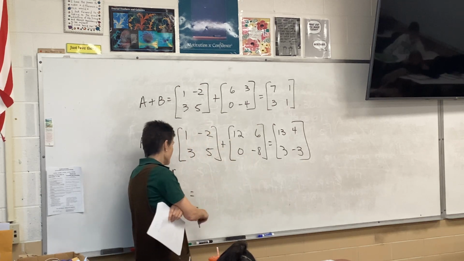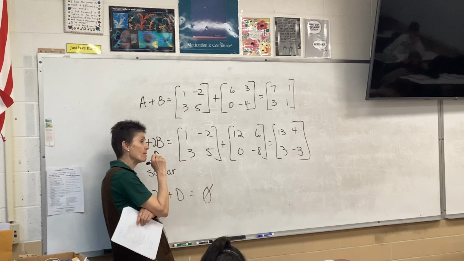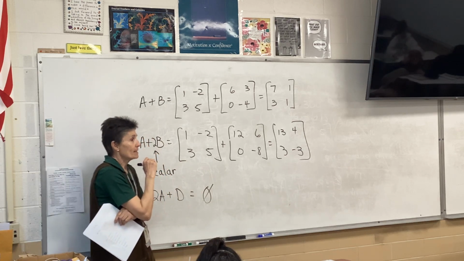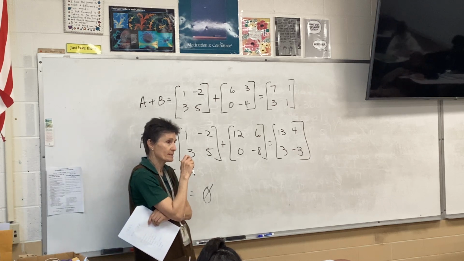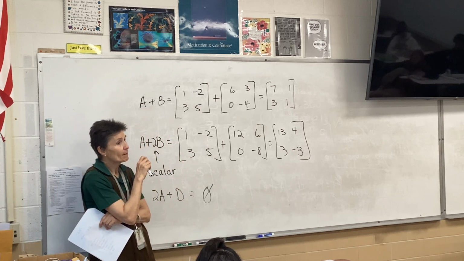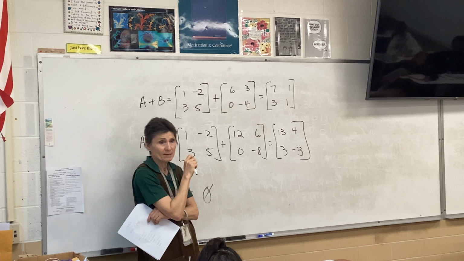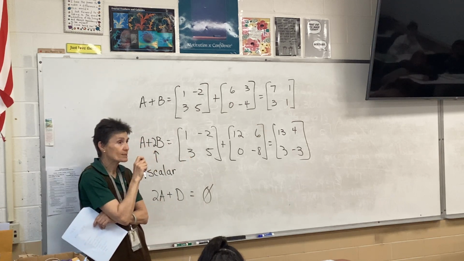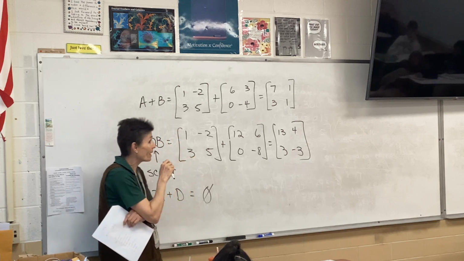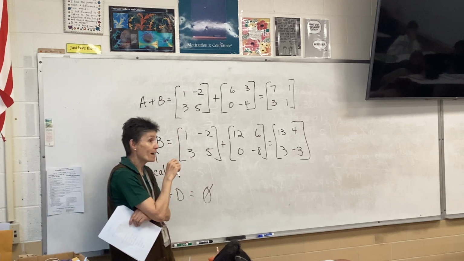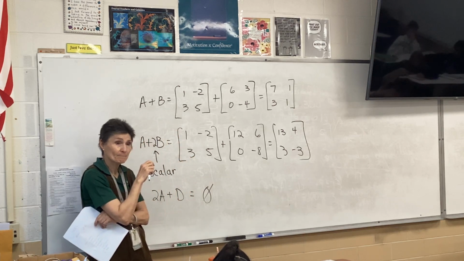Can't do it. That's an impossible problem. If you want to add or subtract matrices, they must be the same size. In other words, they must have the same dimensions. They do not need to be square, but they need to match if you're going to add them.